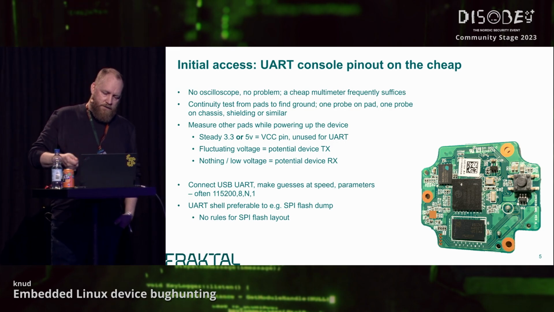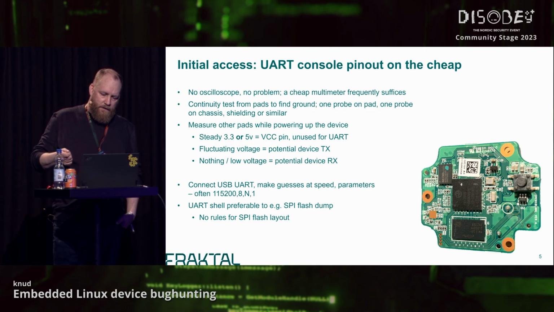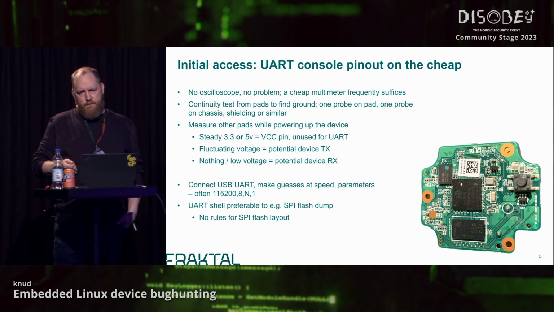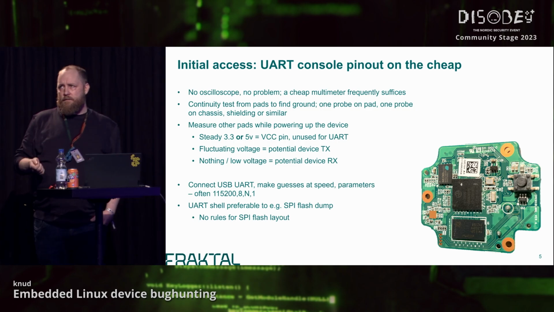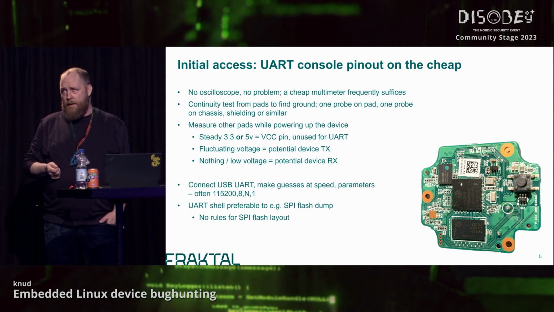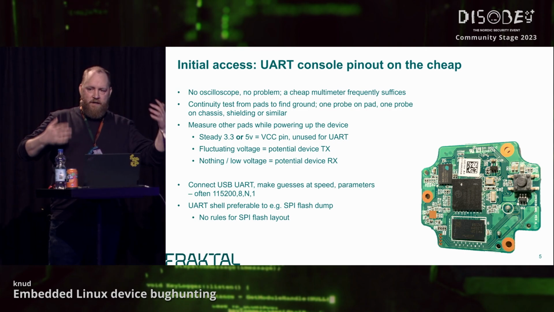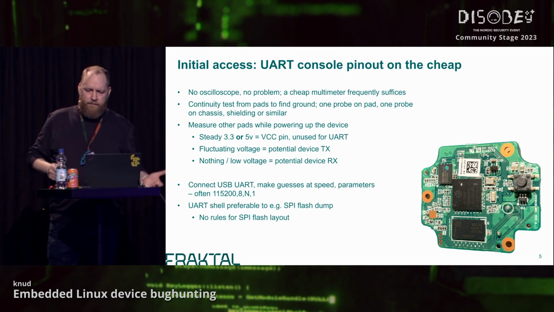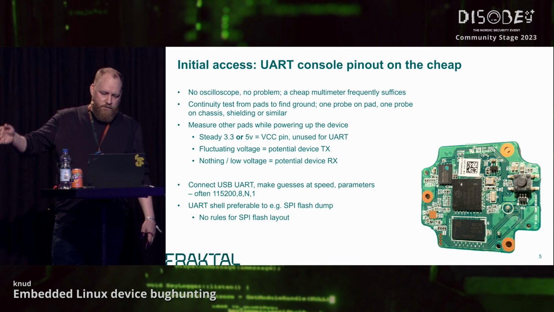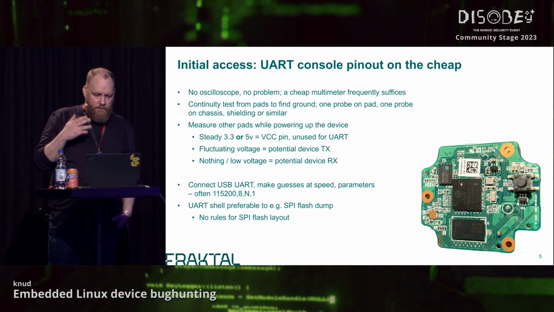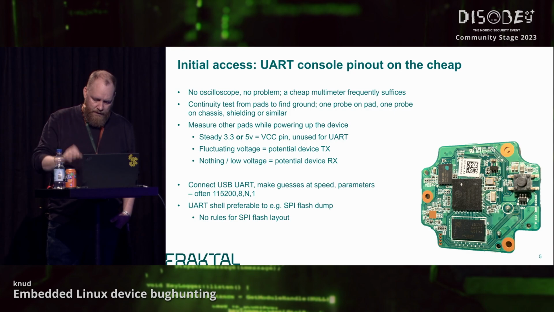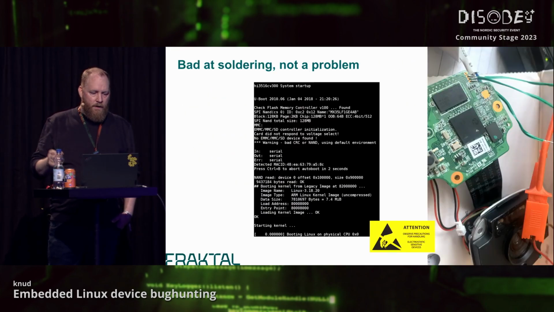It's a lot easier to look at the UART console than it is to desolder the flash and dump the flash, because there are no rules for how the flash is laid out. So it could be encrypted, and it could be all sorts of stuff. If you can get a UART shell on the thing, then it's a very solid start.